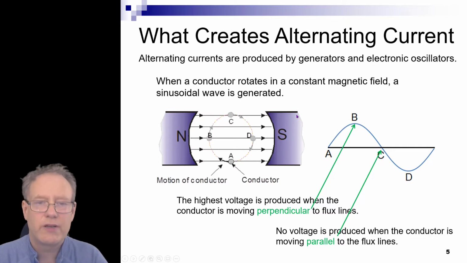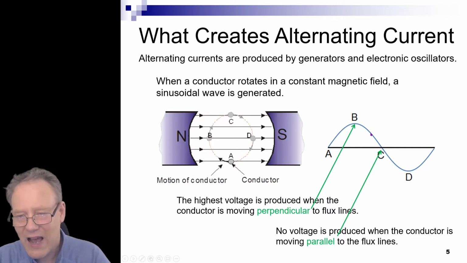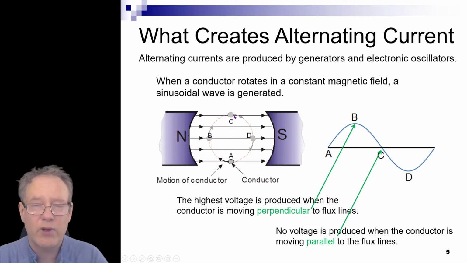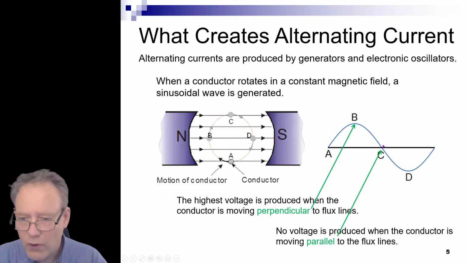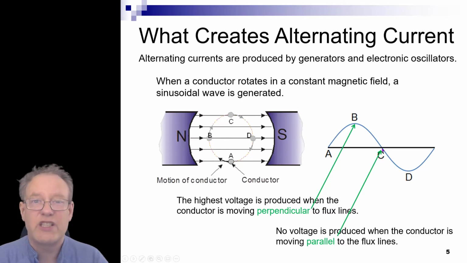It's not as efficient. So this gets lower and lower until it gets to point C, where it's moving perpendicular to the magnetic field lines, and nothing happens. We have no voltage. So at point C, the voltage is 0. Well, guess what?